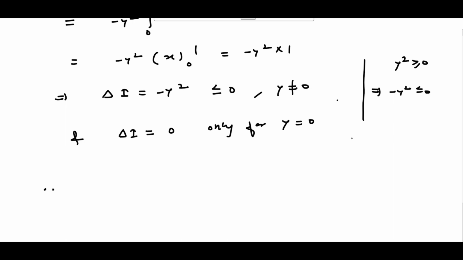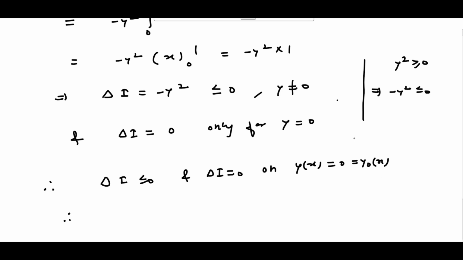So we can say that delta I is less than or equal to 0, and delta I becomes 0 only for y of x equal to 0, or this value is equal to y naught of x. Hence it satisfies the condition for strict maxima.